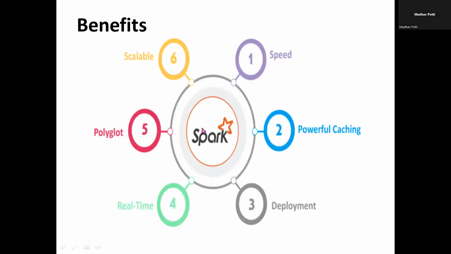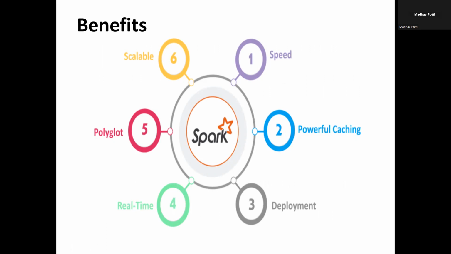So now to make the benefits more clear: it's speed, of course, and it has a powerful caching mechanism to process large data sets in memory. It has easy deployment options, and it's real time. Now, can you tell me a real time scenario? I will give you a hint.